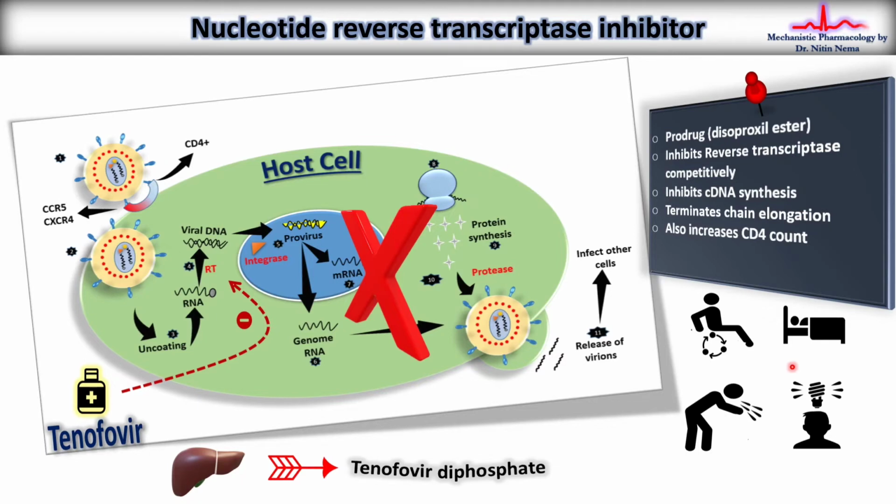This drug is an acyclic nucleotide and an analog of adenine, which is also used against hepatitis B virus infection, and therefore it will be prescribed against HBV infection also.